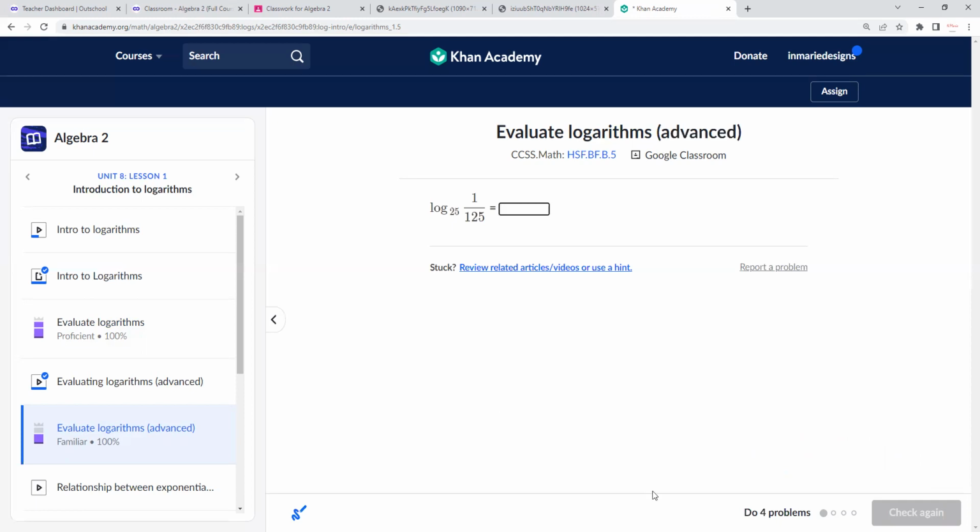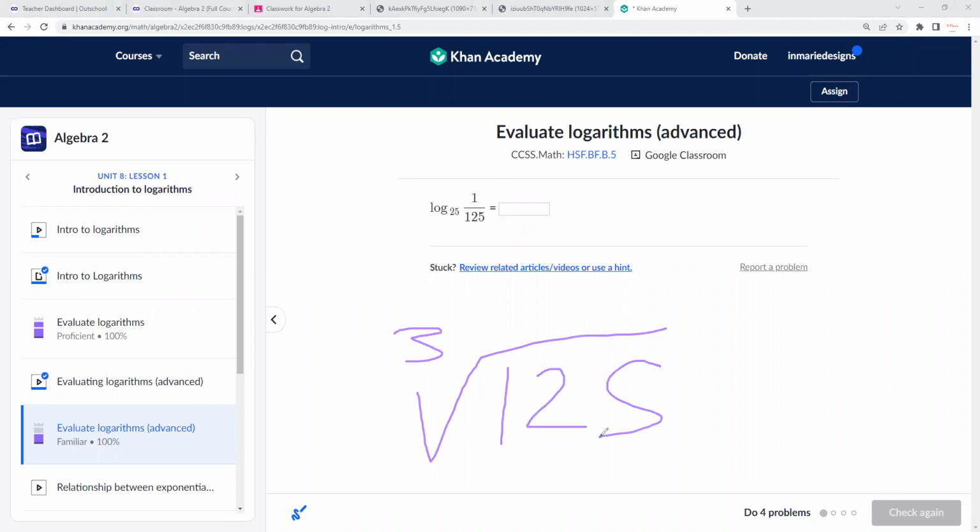Okay, well, let's see. These are a little trickier. If I were to do the cubed root of 125, I would get 5, right? Yeah, 5. And then put that in exponential form. 25 to the power of 5/3. Or maybe I should do 3/5.